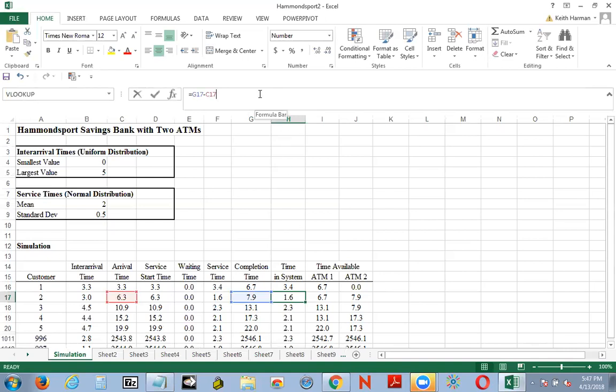The time in the system is going to be G17, the completion time for customer 2, minus C17, the arrival time for customer number 2. And we get one for each teller.